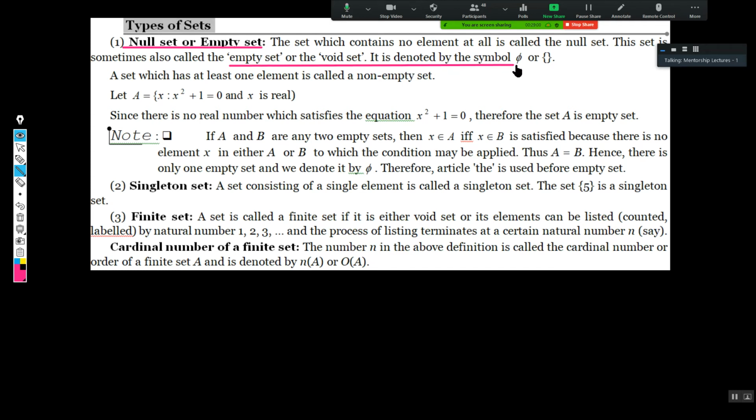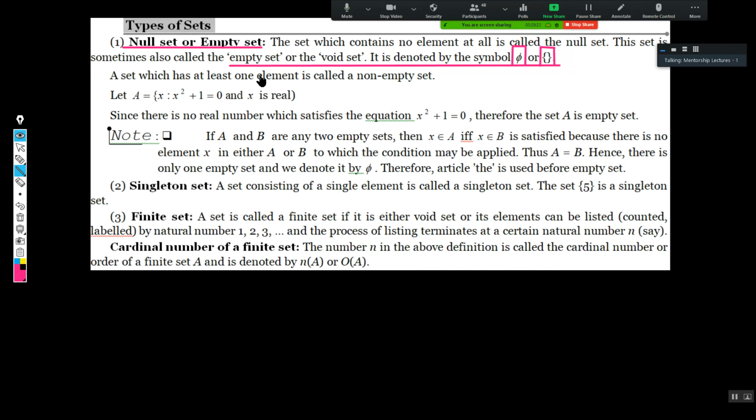It is denoted by phi, or empty flower brackets like this, without any elements in the brackets.